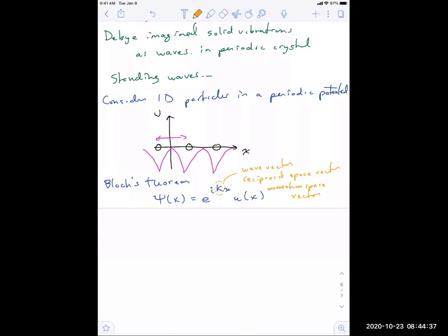It's really just a way for us to handle a periodic system. It's not so easy to work up the math of periodic systems in real space, and so instead we operate in reciprocal space. This is just the general function for a plane wave or a standing wave, and this function u is just some periodic function. We know we're in a periodic potential, which means we have some periodic function where the value of that function at x is the same as the value of that function after some periodic separation.